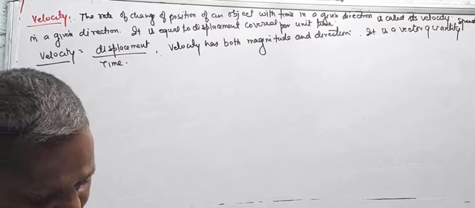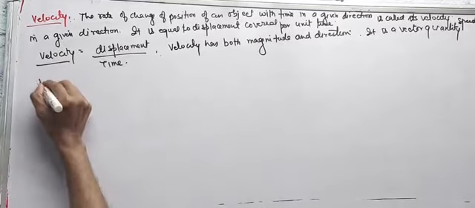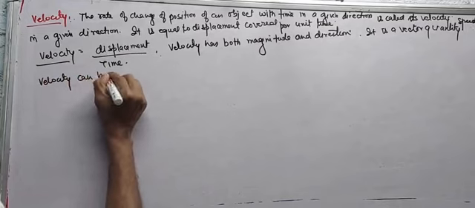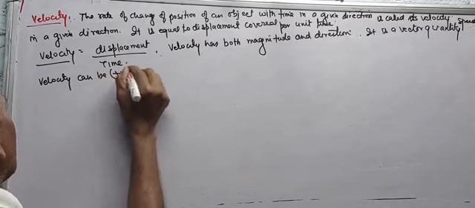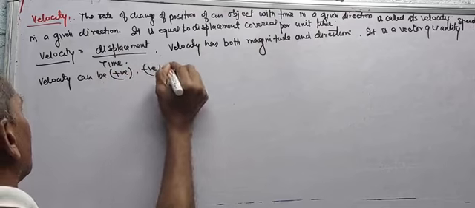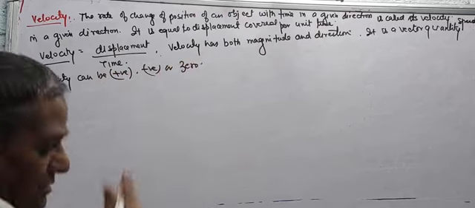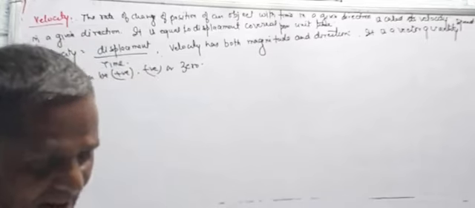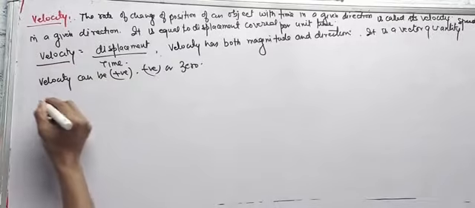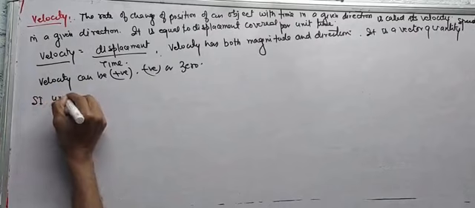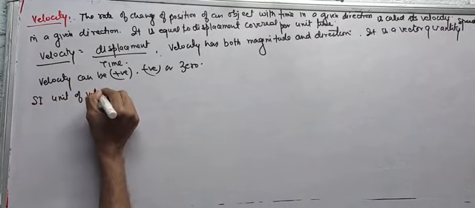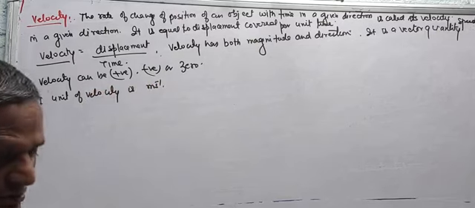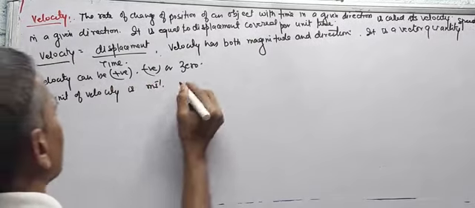Velocity can be positive, negative or 0. SI unit of velocity is meter per second.